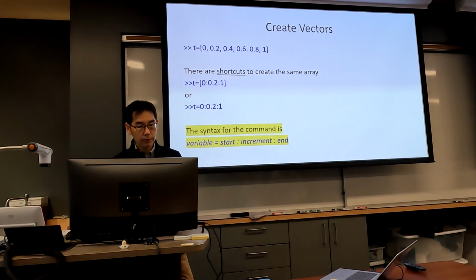I can create the time t: this is the starting value, this is the ending value, with colons, and this is the increment. So it is start, colon, increment, colon, end. In that case, you can make the vectors quickly.